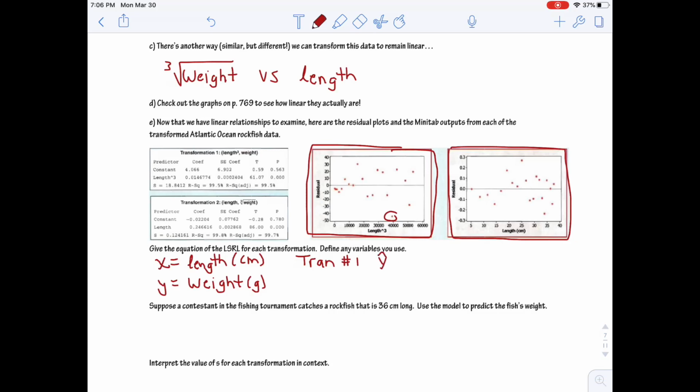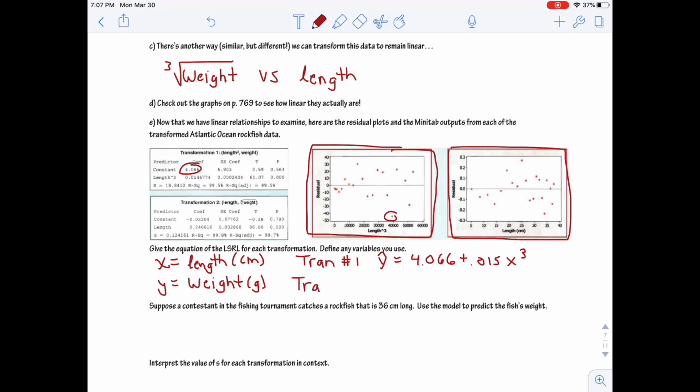So for transformation 1, your equation would be y hat is equal to, so we got constant 4.066 plus 0.014 or 15, we'll just round it. And now it's not x here, it's x cubed.